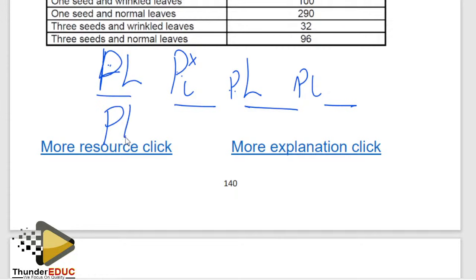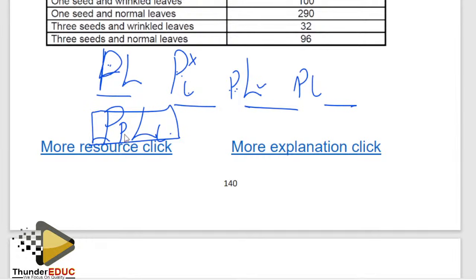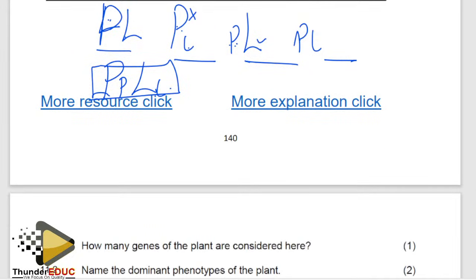But because I have a small p, therefore I will write the small p. Then I go to L, capital L. Do I have another capital L? Yes. Do I have a small l? Yes, I have a small l. Therefore, it's going to go with a small l. Therefore, this becomes the genotype of the parent. Check, it's the same thing: capital P, small p, capital L, small l. And then when you come here, it's capital P, small p, capital L, small l. So that's how you can identify that.